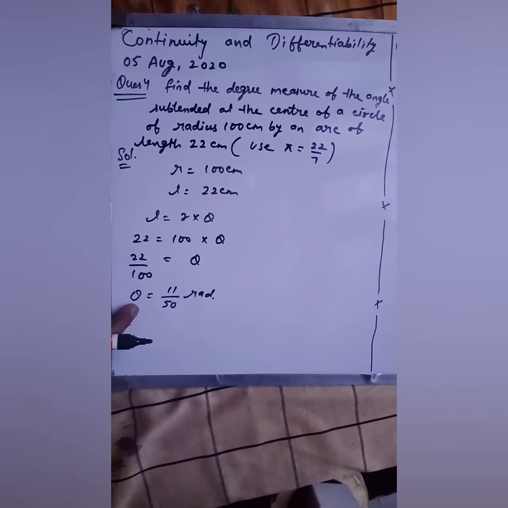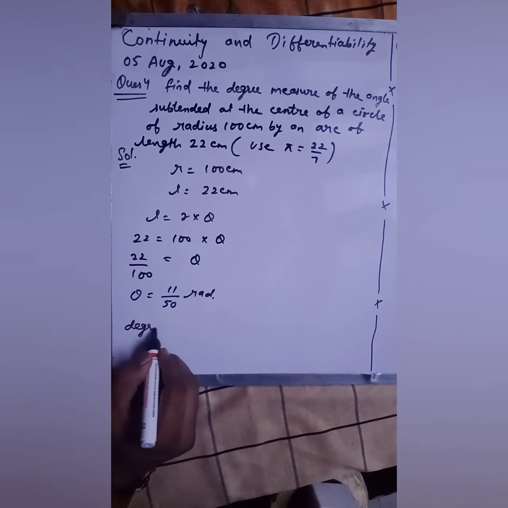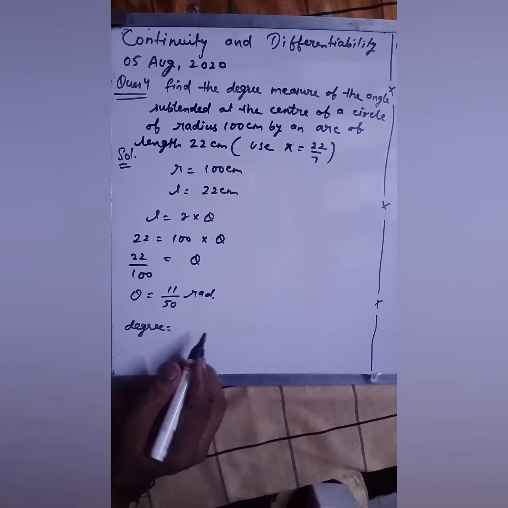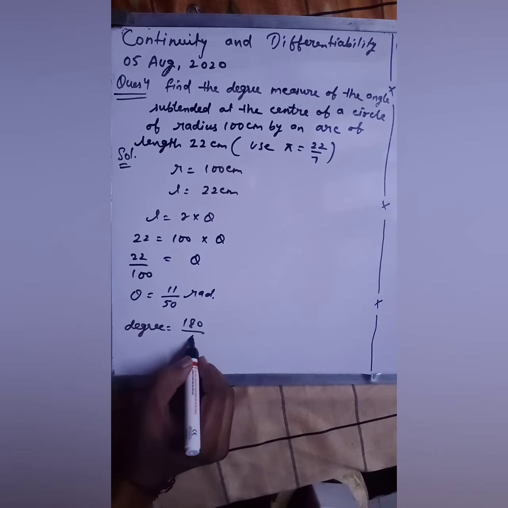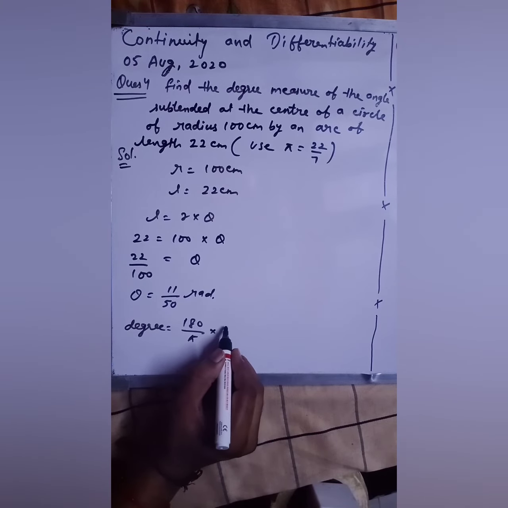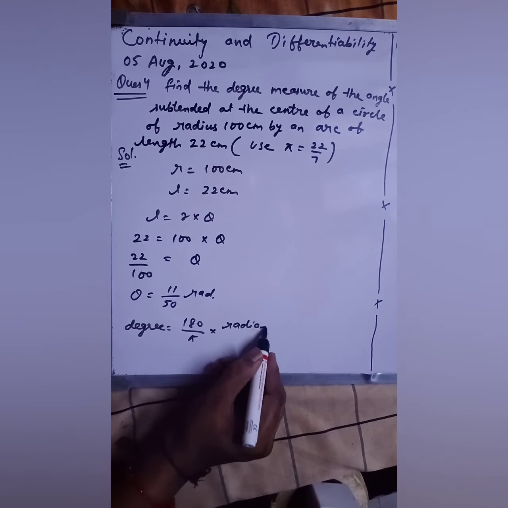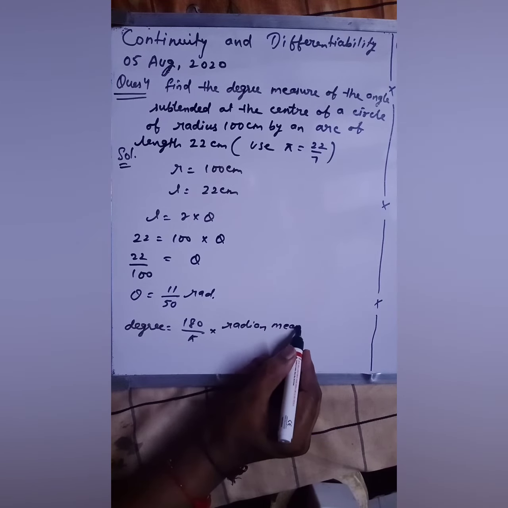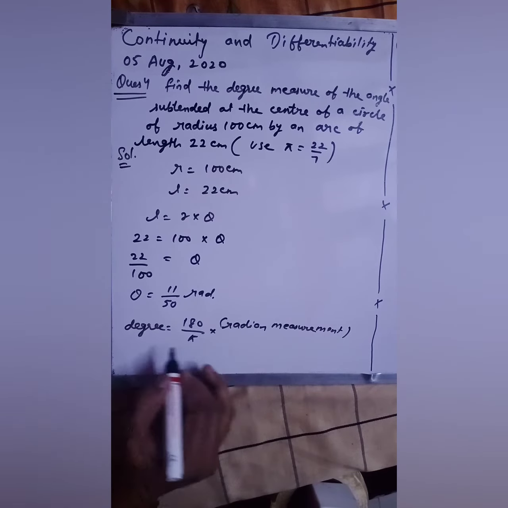As I told you, the theta which you will get from this would be in radian, fine. So now what you have to do, as you know, the formula for degree is equal to 180 upon pi into radian measurement.